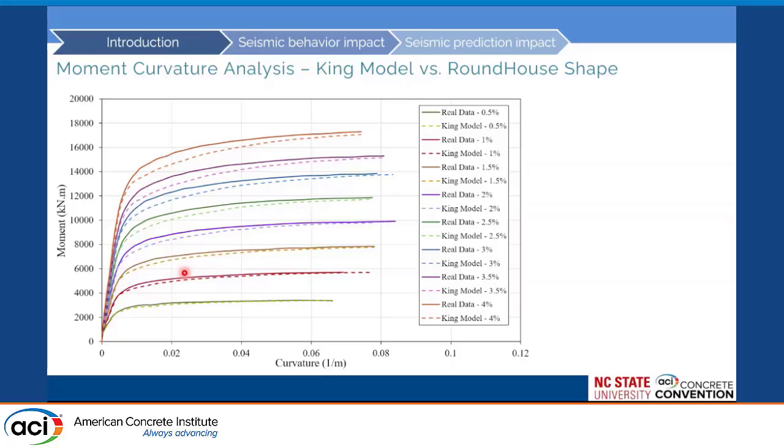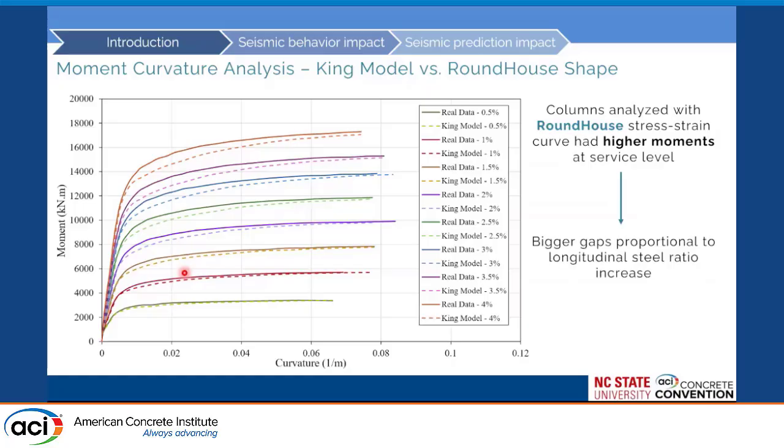The colors change based on longitudinal steel ratio, and as you can see, there is a gap in the moment demands for the King model and the real stress strain curve. And that gap increases proportionally to the increase of longitudinal steel ratio.